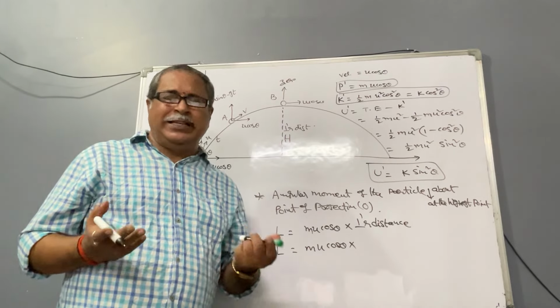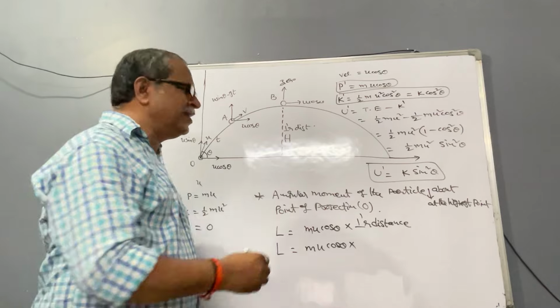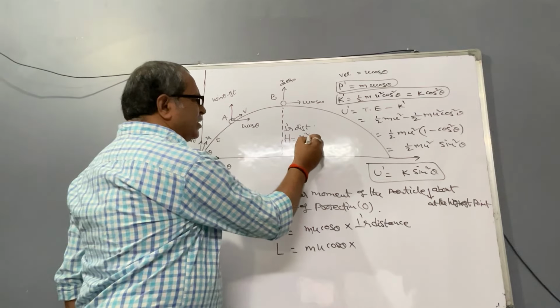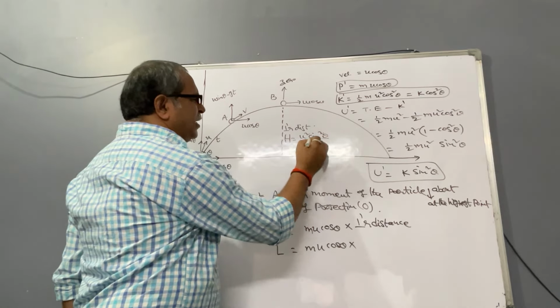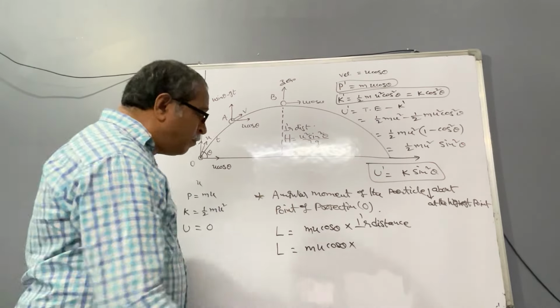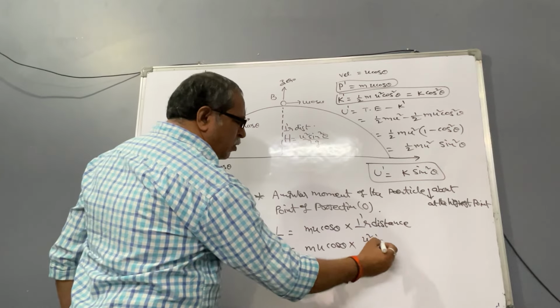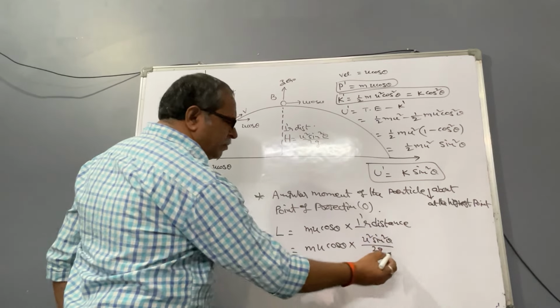This is one of the important parameters of a projectile, that is, H equals u square sin square theta by 2g. Every student knows that. This is one of the parameters of a projectile. So H means u square sin square theta by 2g.